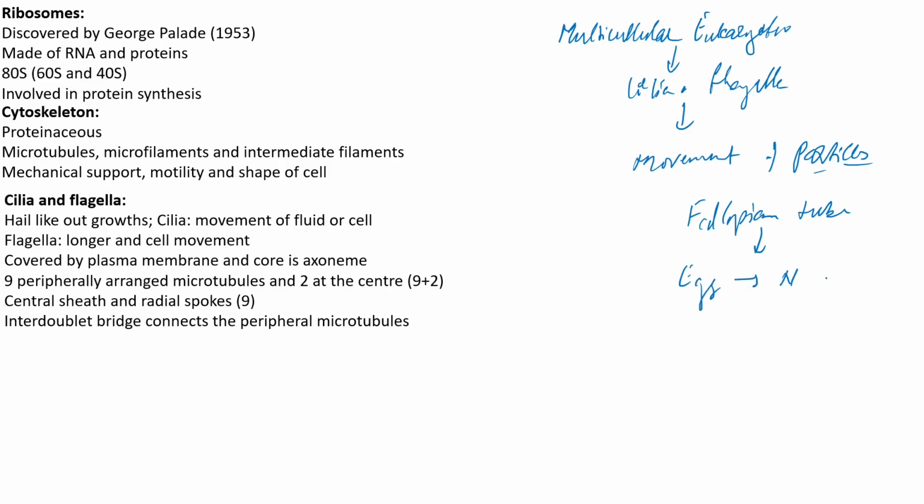Sperm is motile, but the egg is non-motile in nature, right? So how do you think the egg is transported in the fallopian tube? The egg is transported from the ovary into the fallopian tube by the action of cilia itself. Okay, so you can see that the cells of the fallopian tube are lined with cilia, right?